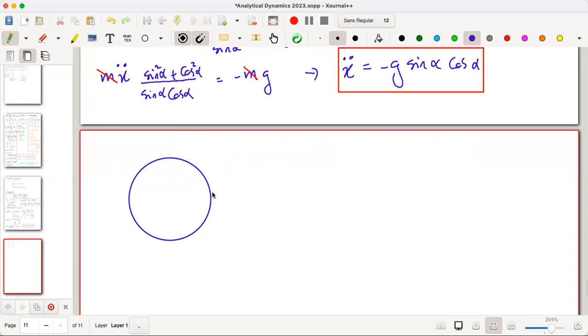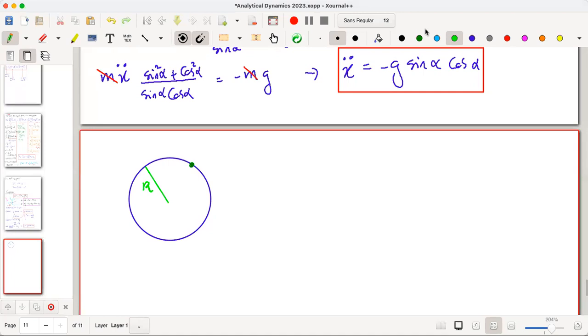Now the wire makes a circular loop like this. So this is the bead. The bead can only move along this wire. The wire has a radius r.